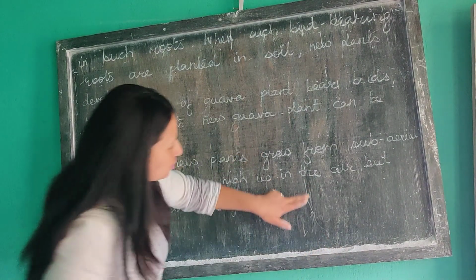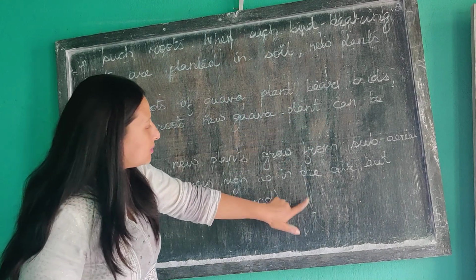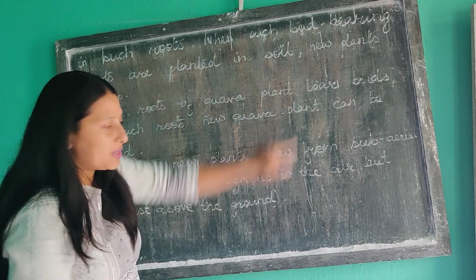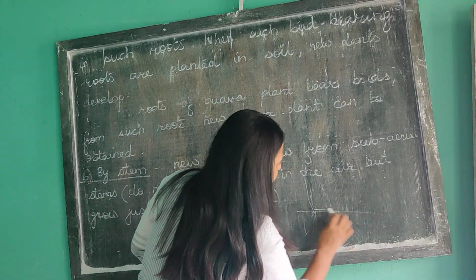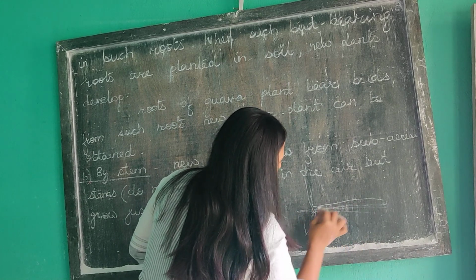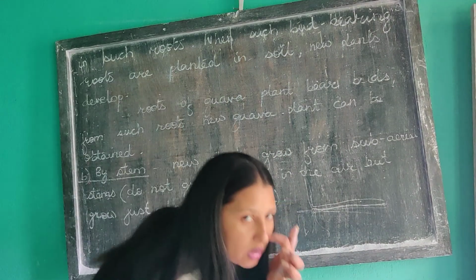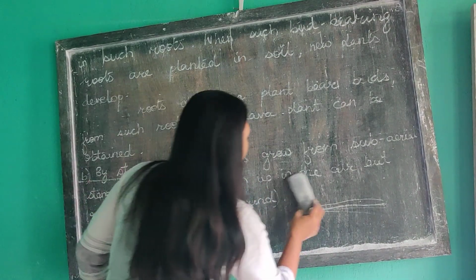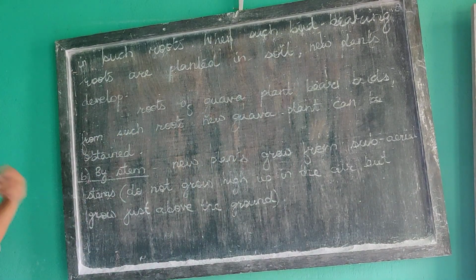Stems usually grow high up in the air, but in subaerial stems, suppose this is the soil, this is your ground, the stem grows just above the ground like this. Such stems are called subaerial stems. From these stems, vegetative propagation occurs.